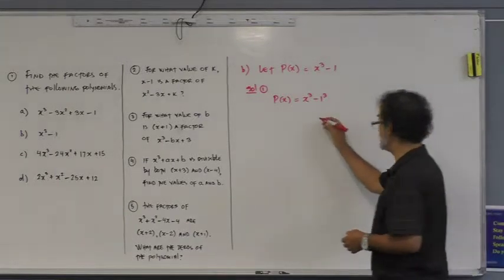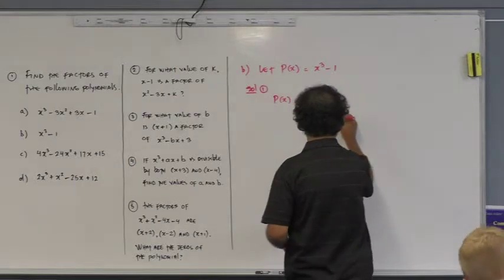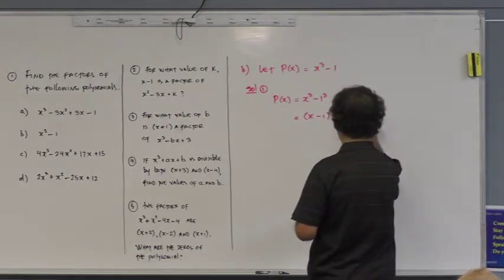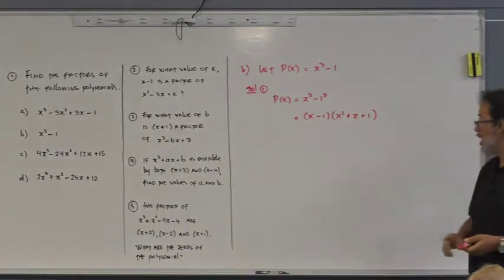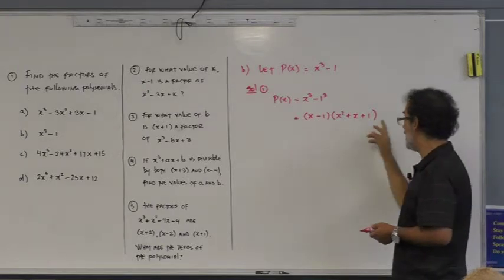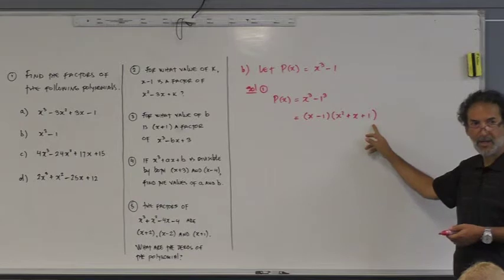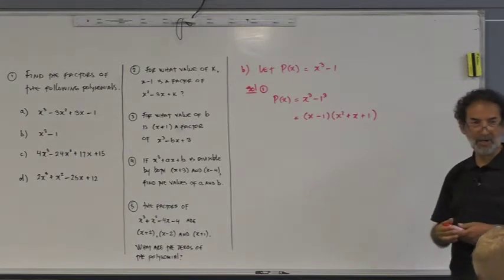So this is going to be equal to x minus 1 and then x squared plus x plus 1. In here we have a linear factor and in here we have a quadratic factor. Can we simplify this quadratic factor?